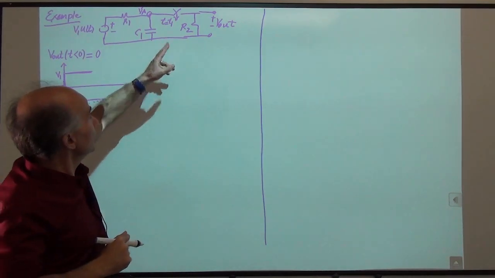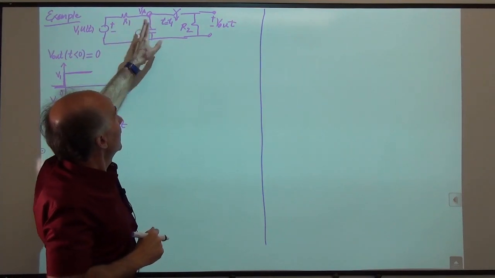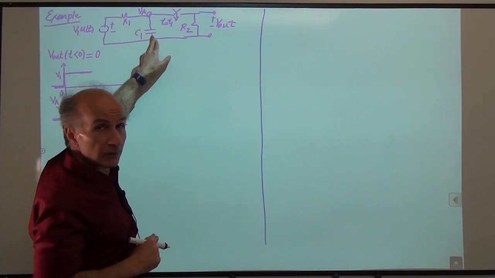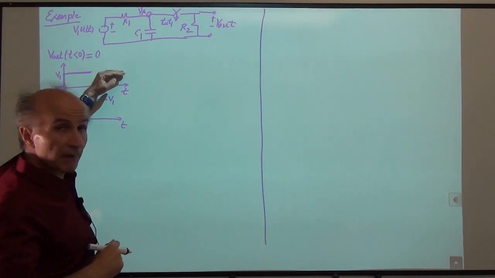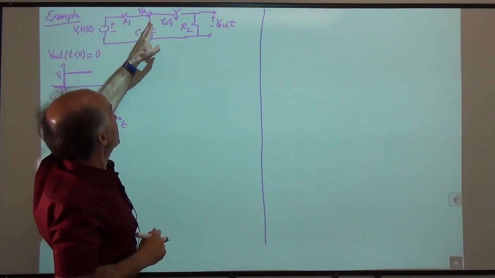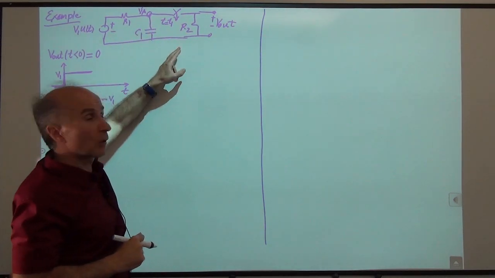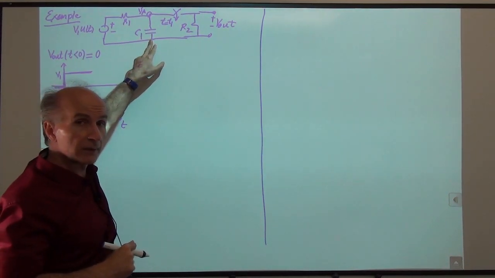Now that the switch begins to conduct, what happens? Well, now we have a resistor here, and the capacitor. And the voltage difference between these two is a fixed value of V1. So as soon as we connect these two, at that moment, the voltage of the output has to be equal to the voltage of C1.